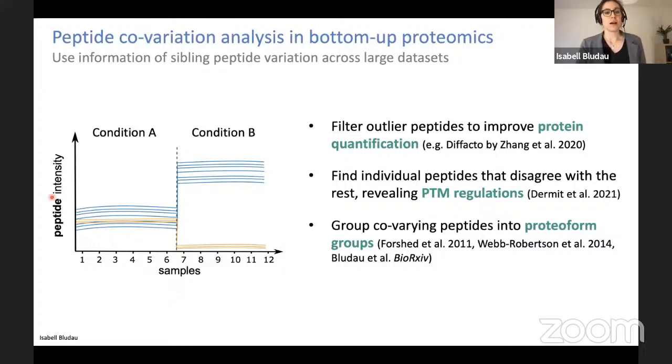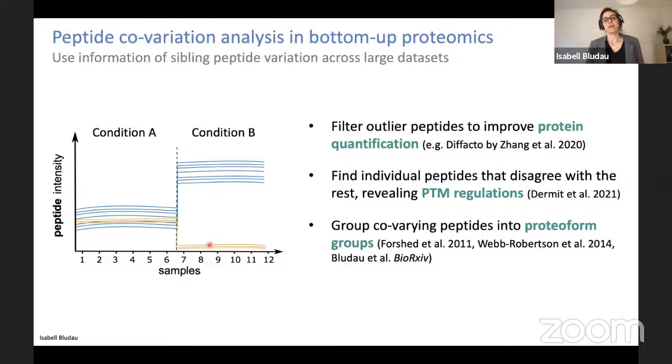And what you see are peptide intensities that are all belonging to the same protein, or the same original gene. And what you see is that the majority of peptides indicated in blue follow the same quantitative pattern, and they increase in abundance in condition B. However, there's a second set of peptides indicated in orange that actually decrease in abundance in condition B.